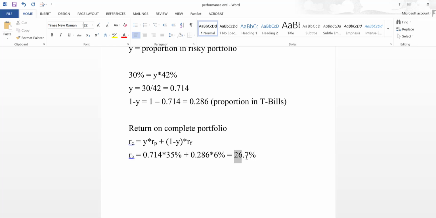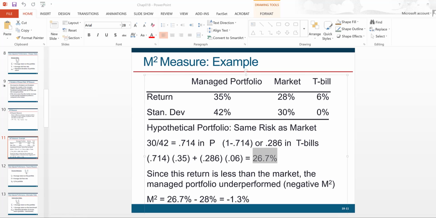So we have determined that the return of this combination of our managed portfolio with the risk-free rate is 26.7%. Its risk is 30%. And what is the benchmark return? 28% with the same risk. So the portfolio in combination with the risk-free asset, which has the same risk as the benchmark, actually has a lower return.